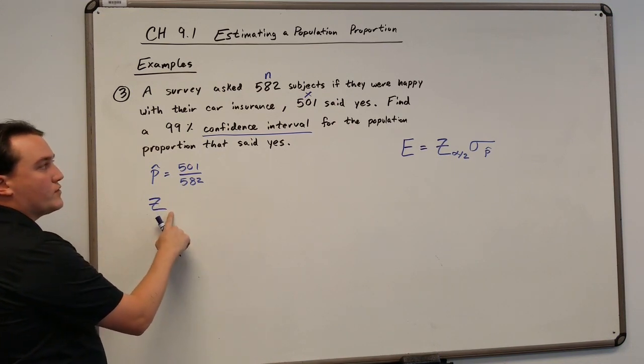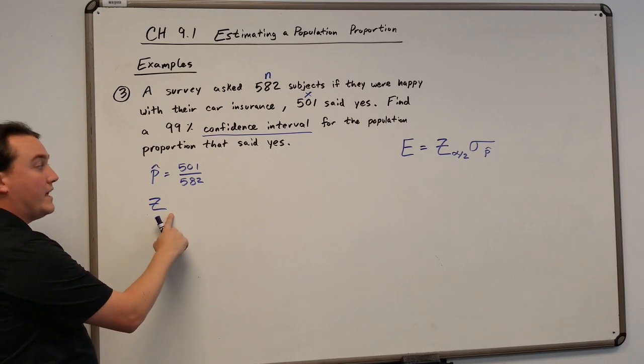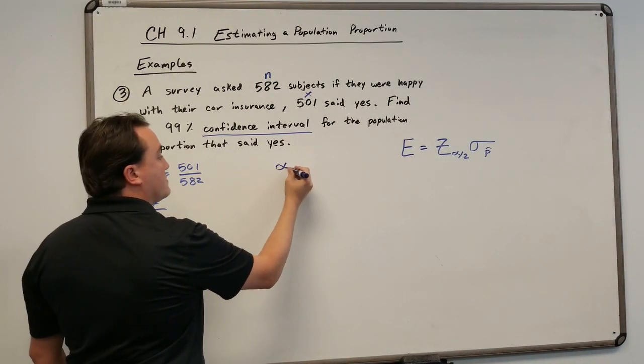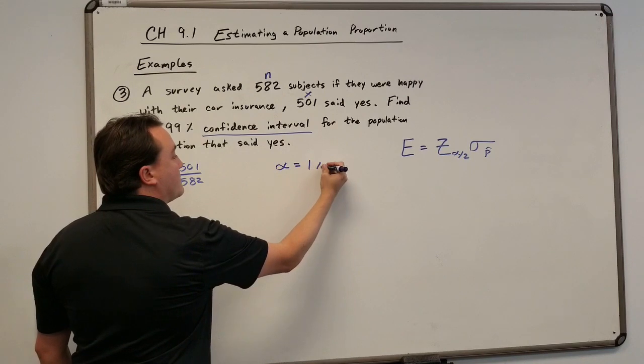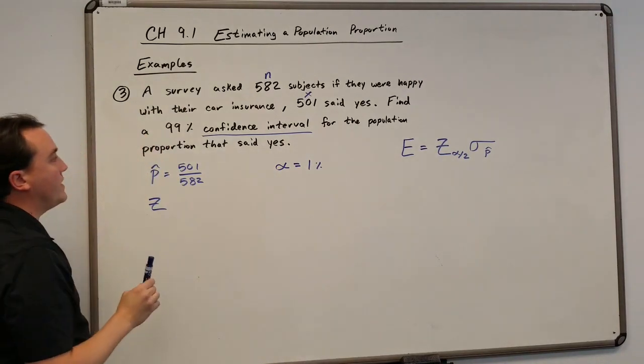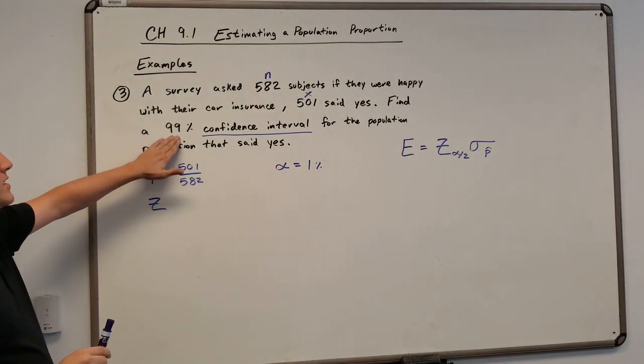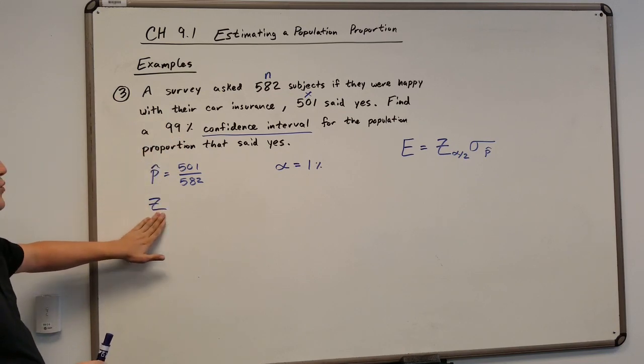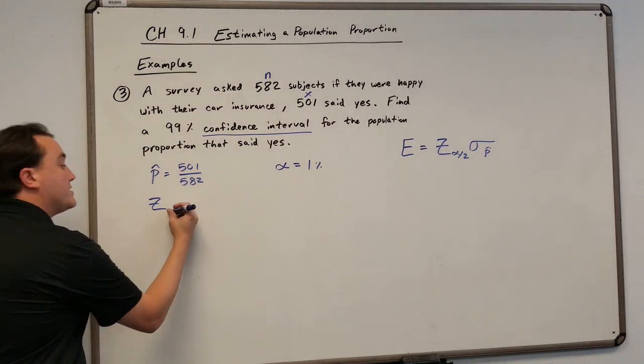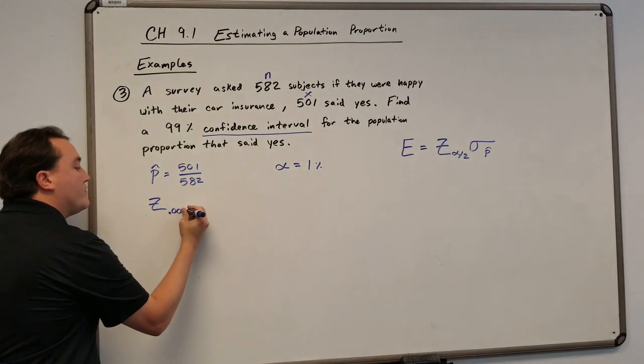And then we know Z of alpha over 2. Okay, so first of all, alpha is 1%. 1% error, because right now we want a 99% confidence. So our 1% error cut in half is going to be 0.005.